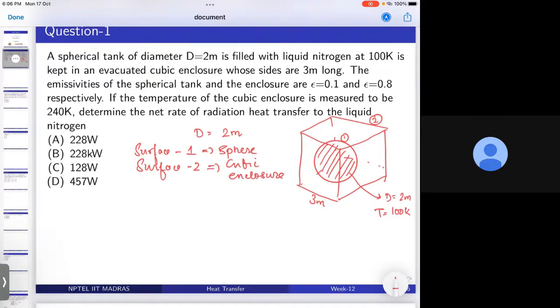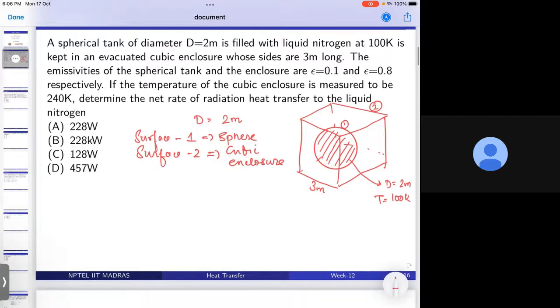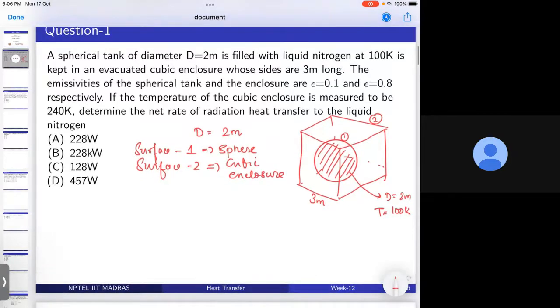We are asked to find the net radiative heat transfer between these two surfaces. This cubic surface is maintained at 240 Kelvin, and the emissivities, epsilon 1 and epsilon 2, of the spherical tank and cubic enclosure are given respectively.